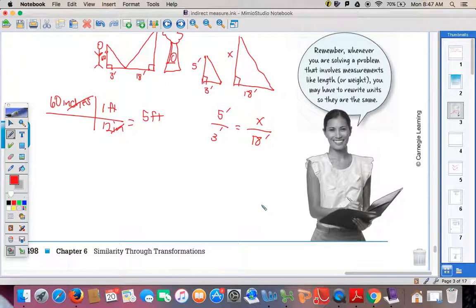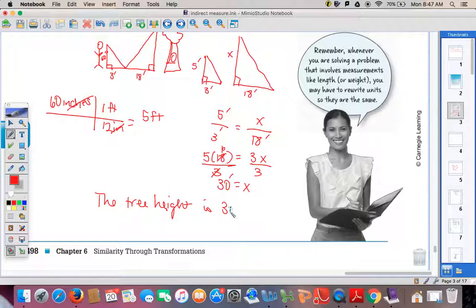And now if we cross multiply, we would say 5 times 18 is equal to 3 times x, and then we would divide both sides by 3. And when we do that, we get that the tree is 30 feet tall. Okay.